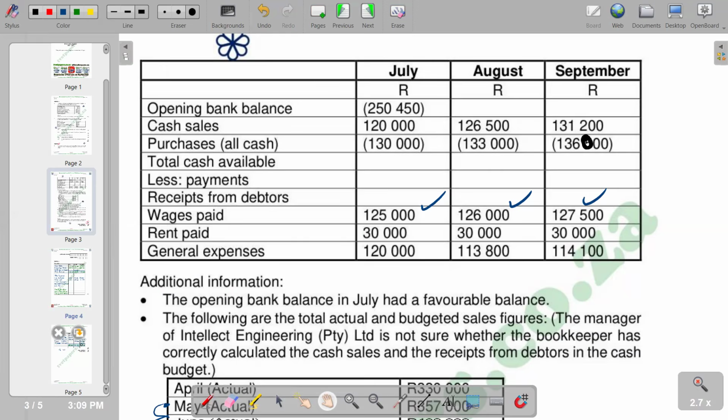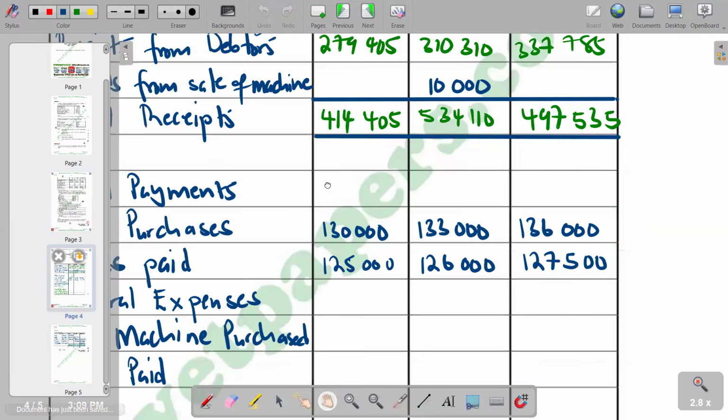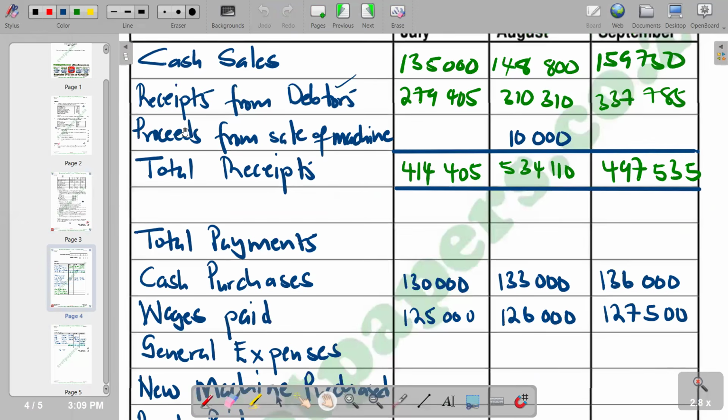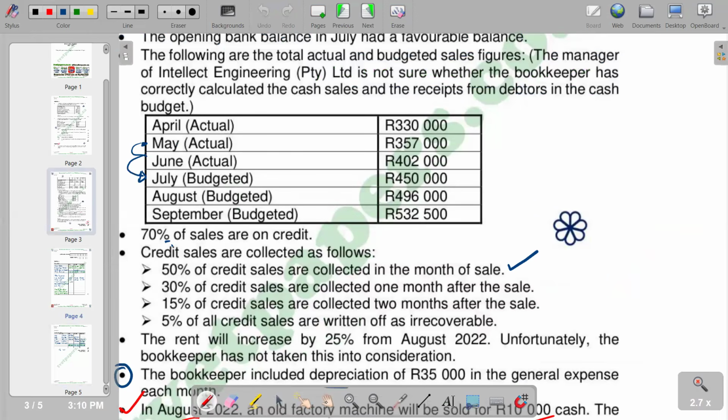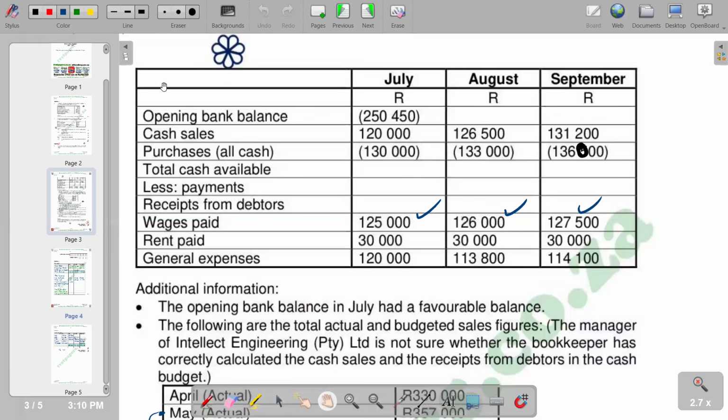So we've got 85,000 that we have for July. So July, 85,000. And we go to the next one, which is August. For August again, we've got another expense of 113,800. Then we subtract 35,000.